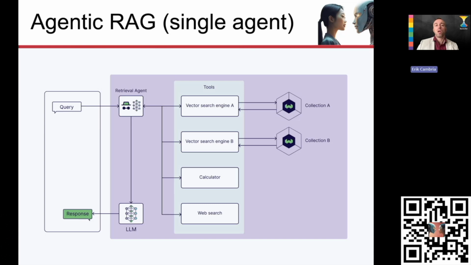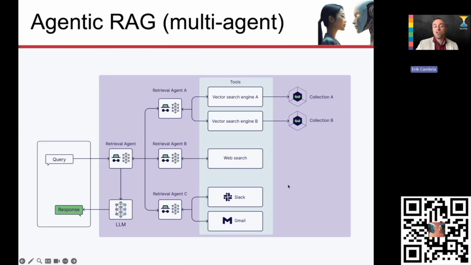So in a single agent RAG architecture, we have retrieval agents that can access different vector databases depending on the query that they receive, or a calculator, or even do an online real-time web search if the information that I need is not contained in any of the collections available, and then pre-package this information as context for the large language model that provides the final response.